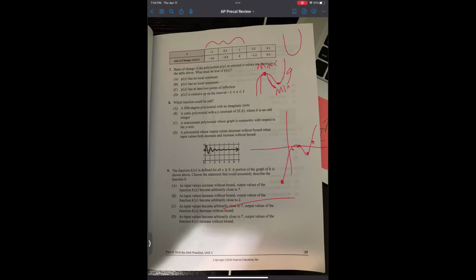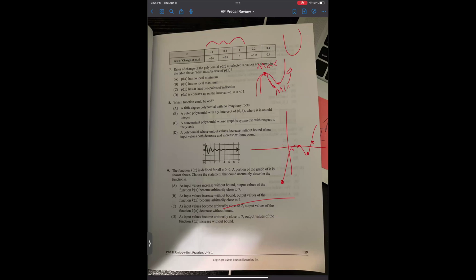What must be true? So is it possible that at some point between -1 and 0.04, there's maybe another point that causes a concave up on the graph? Is that possible? Maybe. Exactly, maybe.